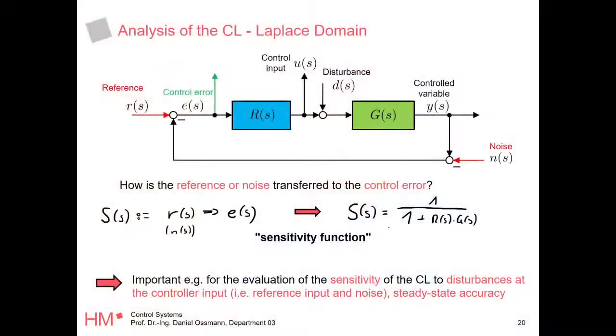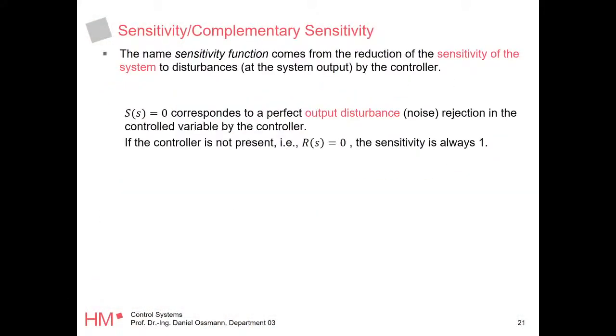Let's go back. If your sensitivity function is 0, actually it's on the next slide, yeah. If this is 0, that means your output disturbance, the noise, is perfectly rejected, and this is why it's called sensitivity, right?